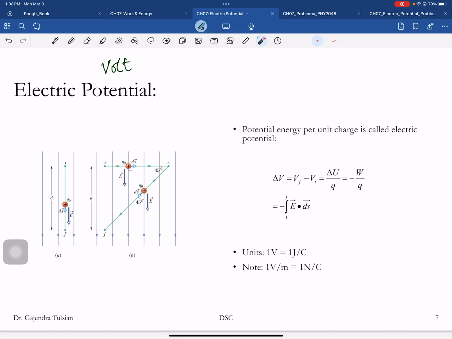So the change in electric potential, the difference in electric potential between two points, is equal to the change in potential energy divided by Q. And of course, this is the negative of the work done per unit charge. So the change in electric potential is this line integral.